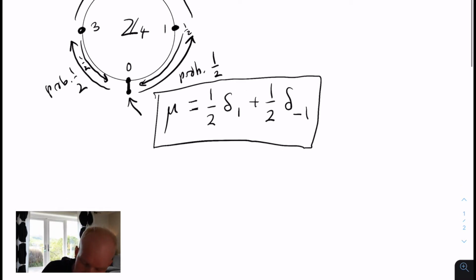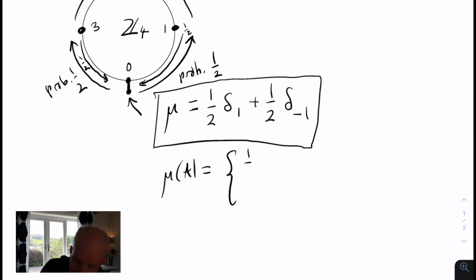Remember that this just means mu(t) is a half if t is equal to 1 or -1, and it's 0 otherwise.